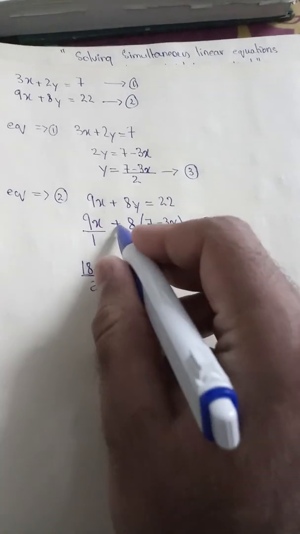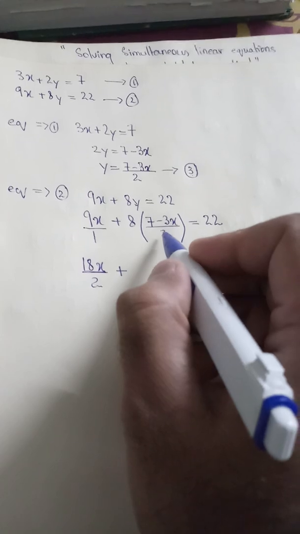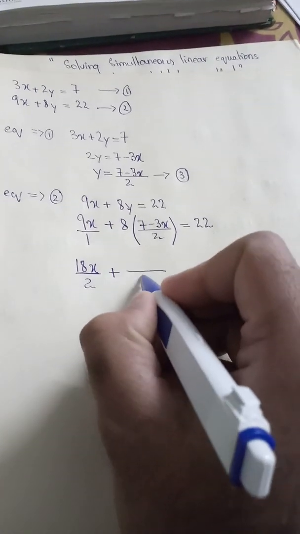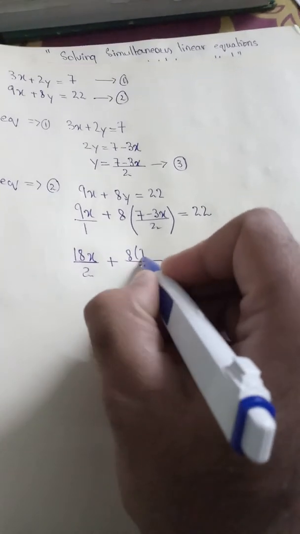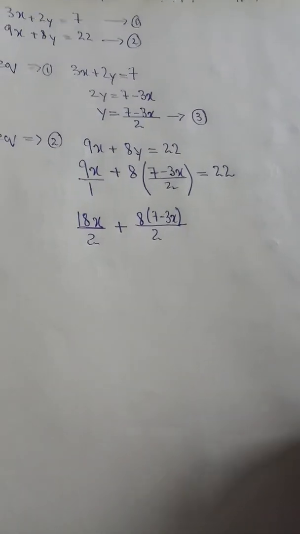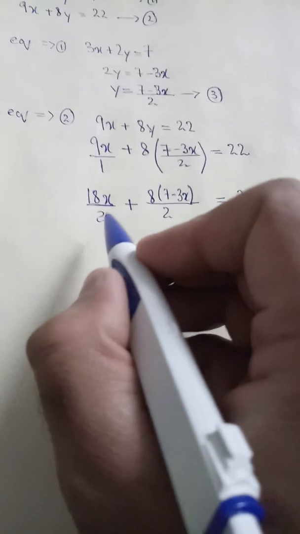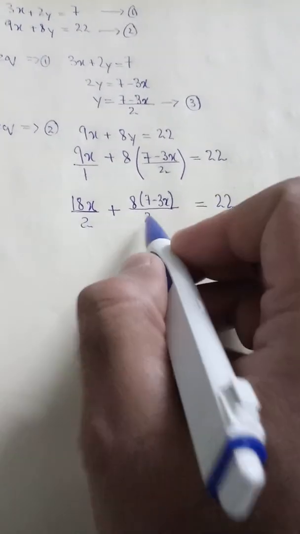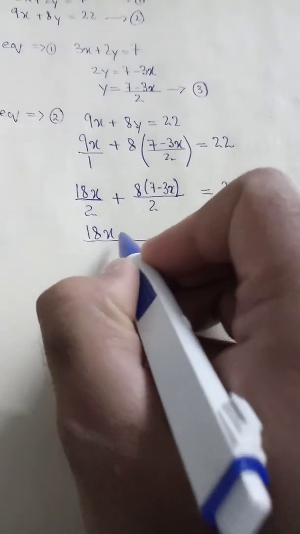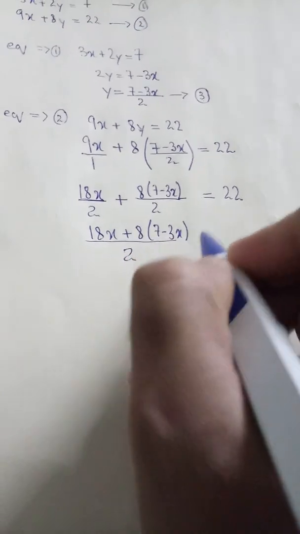This positive sign as it is. Since it is already 2, I will not multiply anything with the numerator. I will write the numerator as it is. This equals 22. Since my denominator is the same, I will write it once and write the numerator as it is.